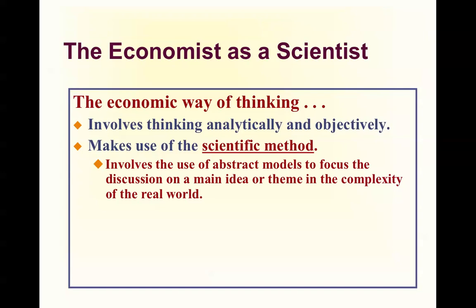We make heavy use of the scientific method, which involves the use of abstract models to focus the discussion on a main idea or theme in the complexity of the real world.